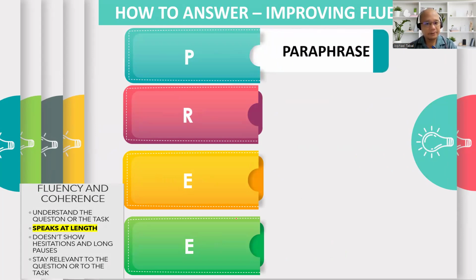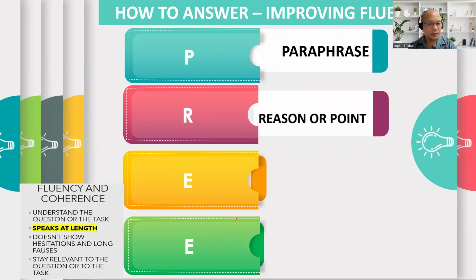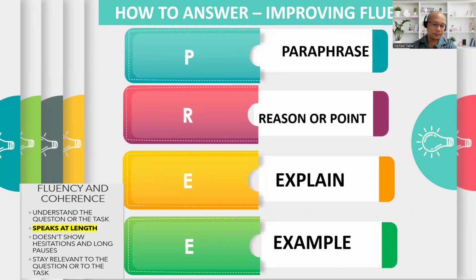That is paraphrasing, giving the reason or point, giving the explanation, and giving the example. This is a structure that the candidate must observe in order to, number one, make an effective argument, and number two, to speak at length.